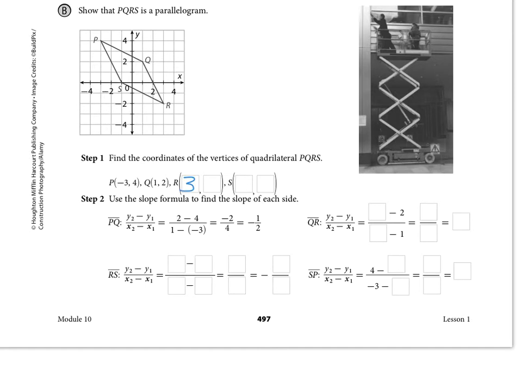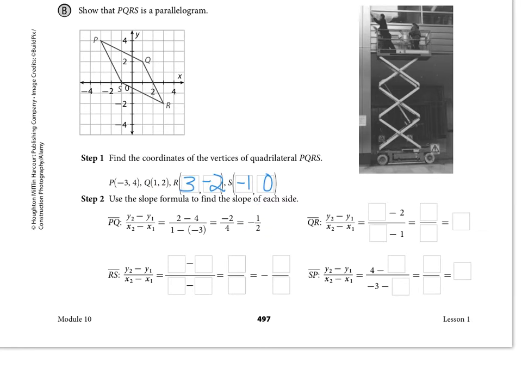R is going to be 3, -2, and S is going to be -1, 0, as we're looking at our diagram. And they've already done the slope for PQ, so 2 minus 4 over 1 minus -3, so -2/4 or -1/2.